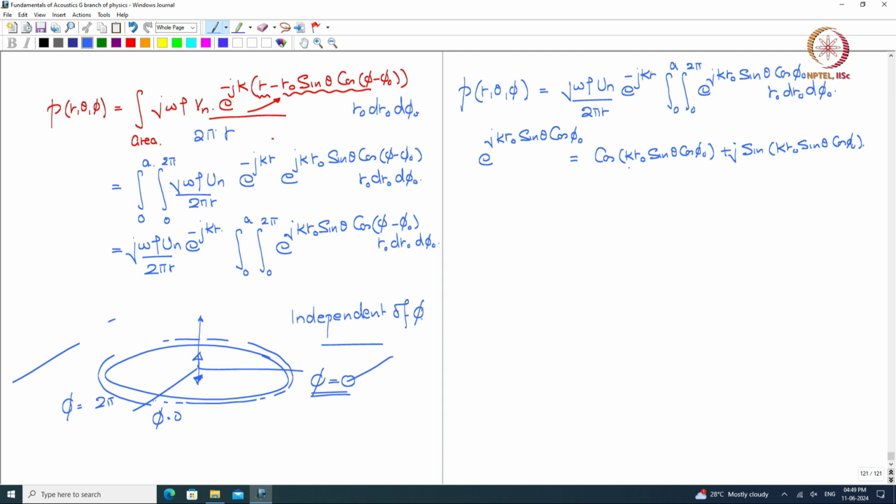Now the cos of this always is positive, whereas the sine oscillates as phi 0 moves from 0 to 2 pi.